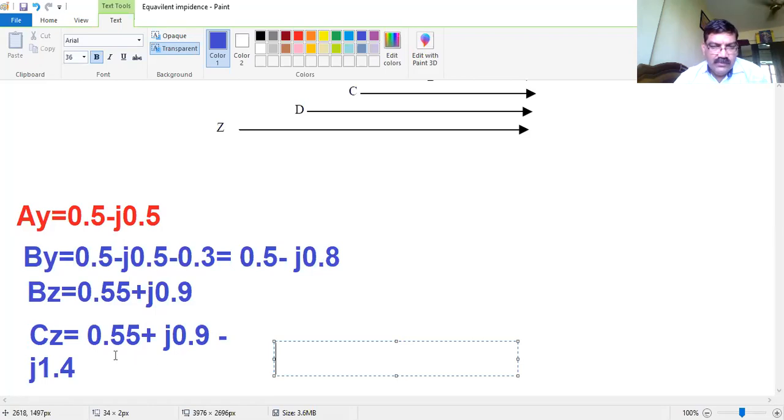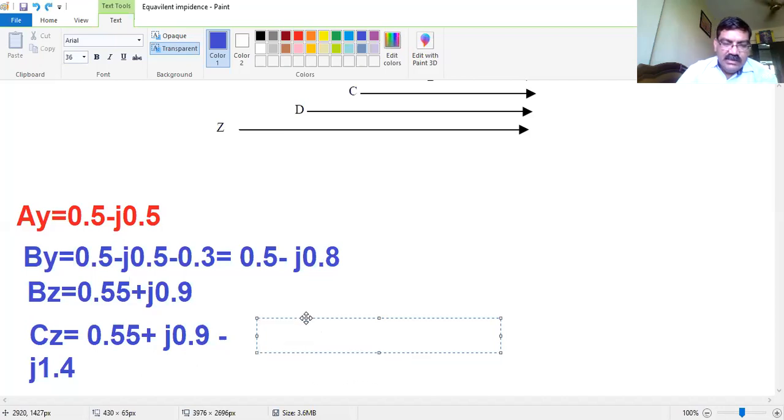So what will your cz be? I'll write it here. Your cz equals, you just do the addition: 0.55 and 0.9 plus, and 1.4 minus.